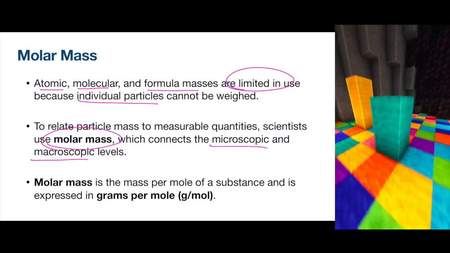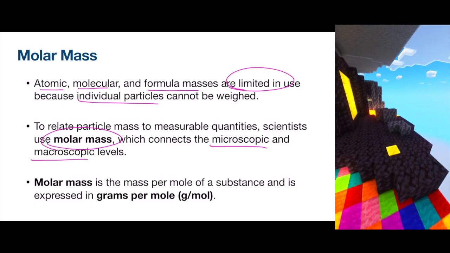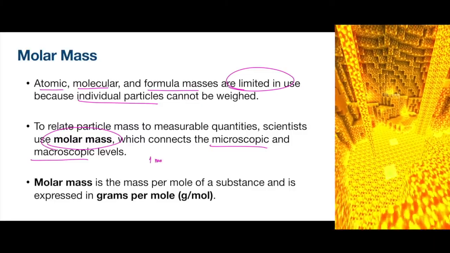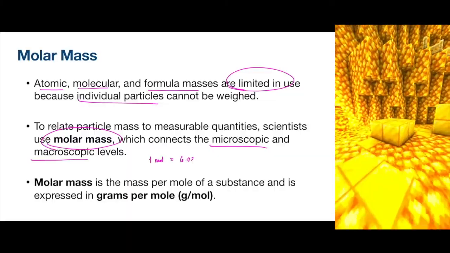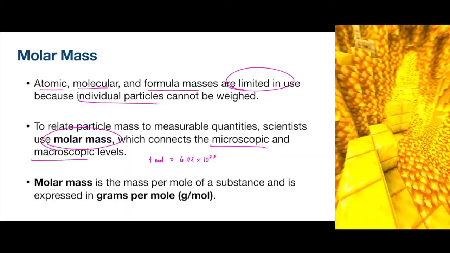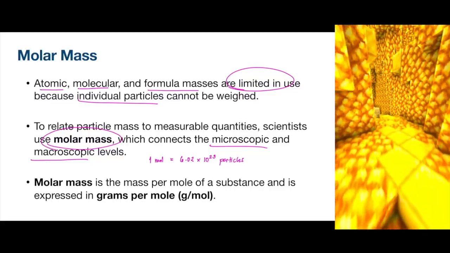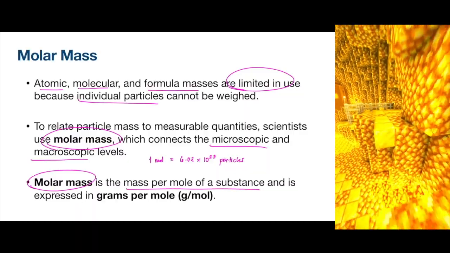Instead of weighing single particles, we weigh a large collection of them we call a mole. And again, just a review, 1 mole of any substance is equal to 6.02 times 10 raised to 23 particles. And that is the large collection of particles. Molar mass is the mass per mole of a substance.